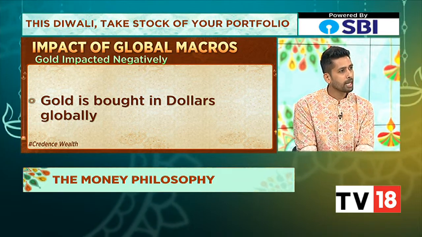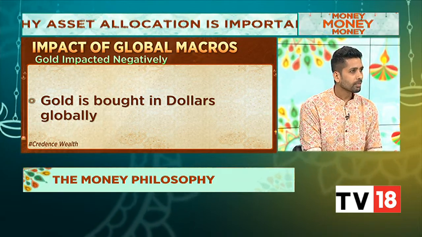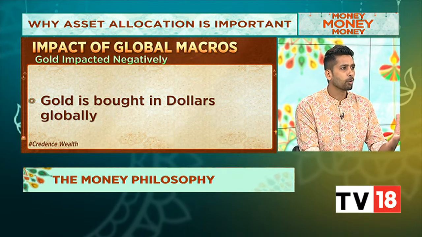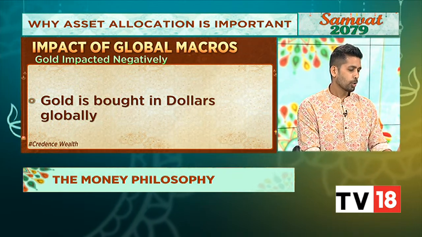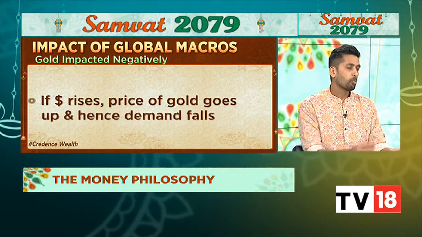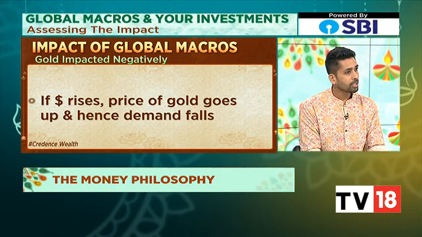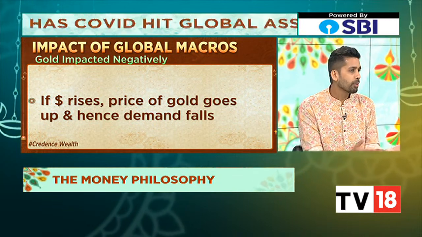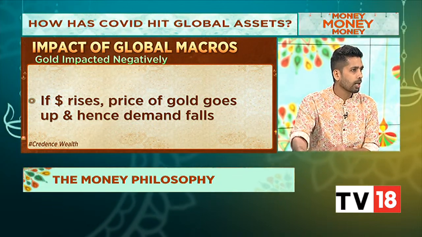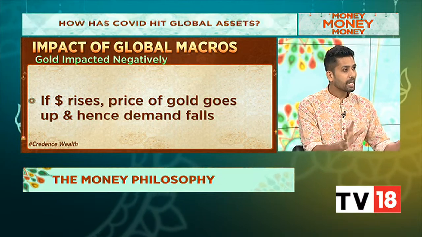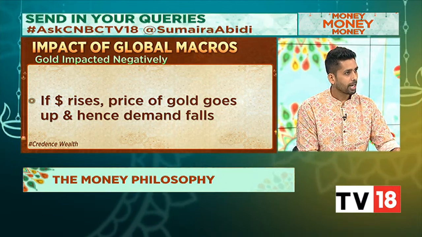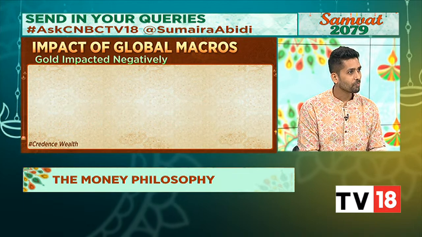The other way of looking at it is the dollar. So Sumaira, internationally, gold trades in dollars, right? So let's say 1 ounce of gold is $1 hypothetically, and $1 is 70 rupees, today to buy 1 ounce of gold, you will have to pay 70 in local currency, right? But let's say internationally 1 ounce is $1, but $1 becomes 82, right?